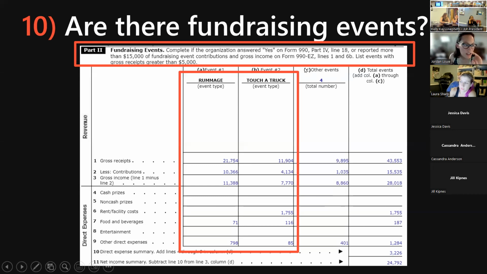And then C, I didn't put any box around it, but there were 4 other events that didn't quite total the 2 biggest events. So this isn't an activity that the organization takes lightly. There are lots of events, and number 1 is rummage, and number 2 is Touch a Truck. It may not always be listed in this order or in terms of profit margin, but that's how it appears to be listed in this 990 filing.